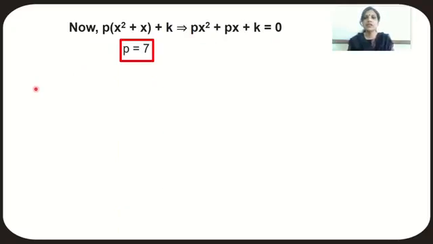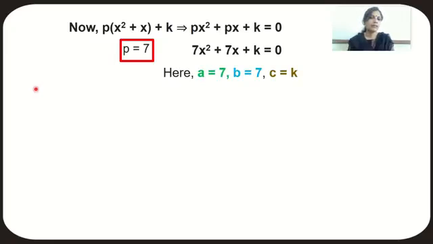So by substituting the value of p as 7, we get 7x square plus 7x plus k is equal to 0. Now for this equation, we are given the condition that the roots of this equation are equal roots. So discriminant should be 0. So let's first find out the values of a, b and c. a is 7, b is 7 and c is k.